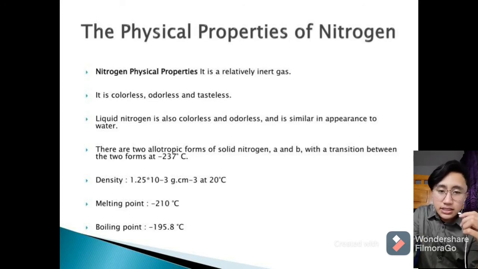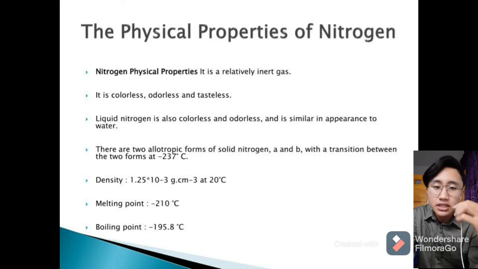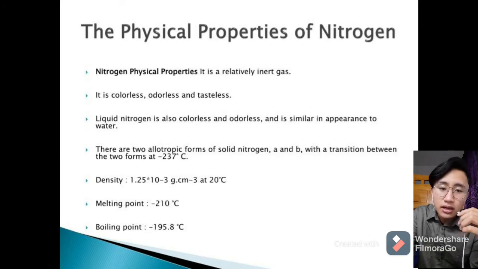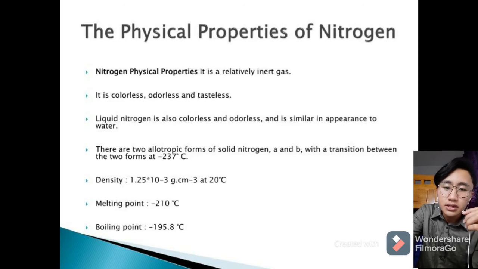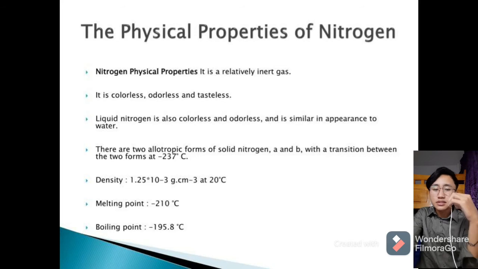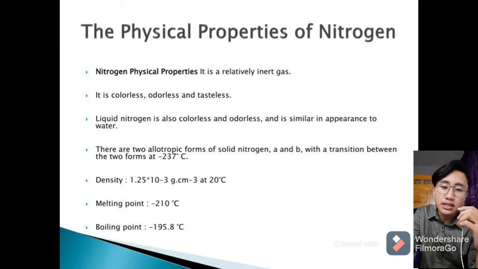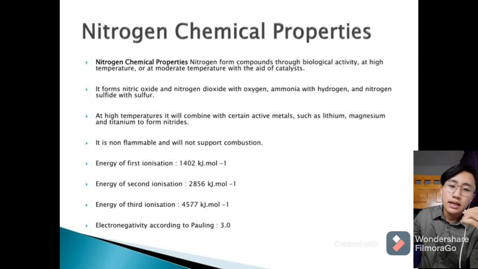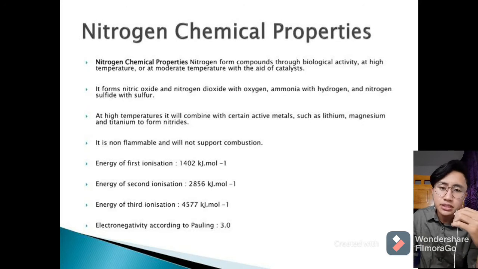The density is 1.25 times 10 to the power of negative 3 grams per cubic centimeter at 20 degrees Celsius. The melting point is at negative 210 degrees Celsius. And last but not least, the boiling point is at negative 195.8 degrees Celsius.